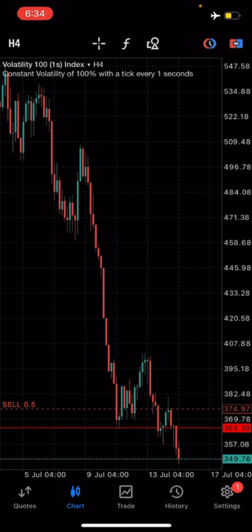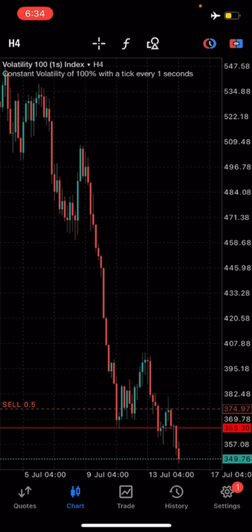And my answer is always yes. Of course, you always have to check the higher time frame before you make your entries on the lower time frame, because the setup the market gives you on the higher time frame is always much more valid than the setup it gives you on the lower time frame.